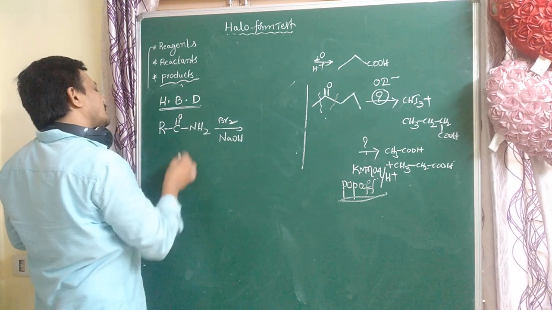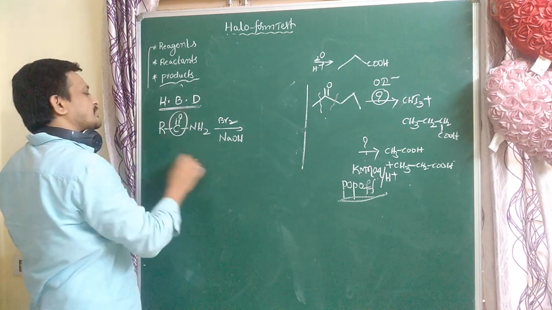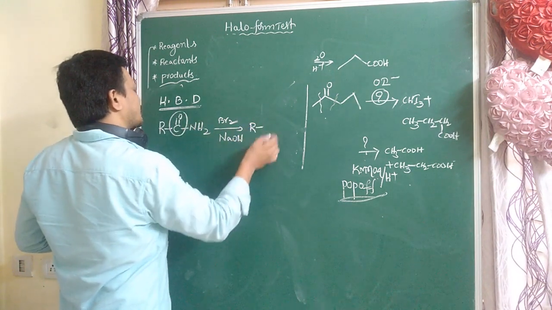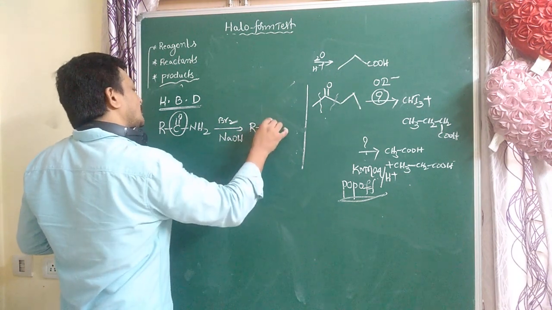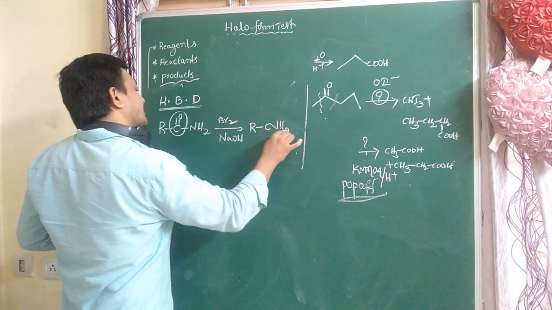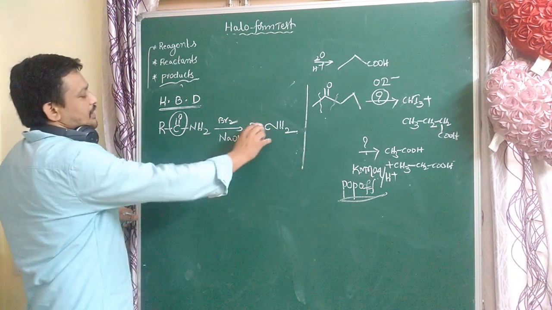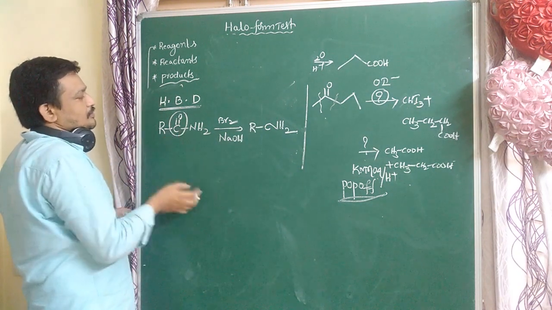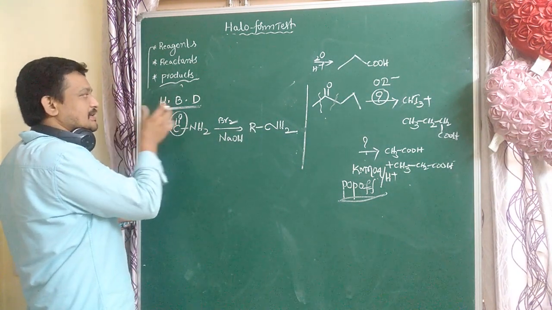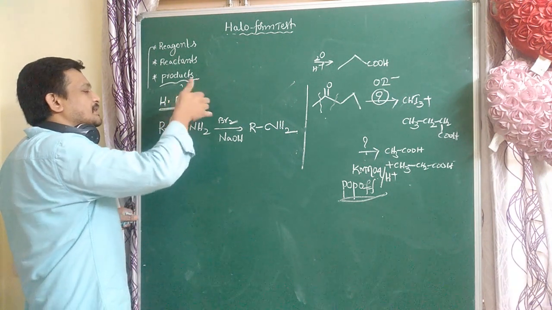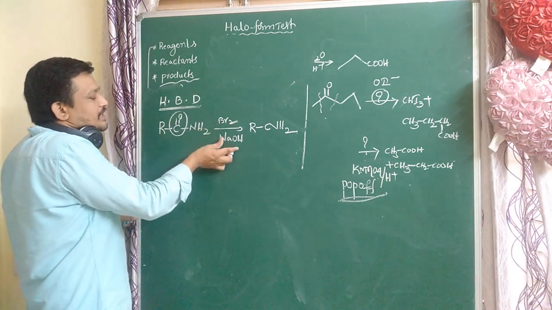Amides are converted to RC double bond, that is, to primary amines. Remove the CO group. That's why this is a degradation reaction. Hoffmann bromamide degradation: here Br2 by base.